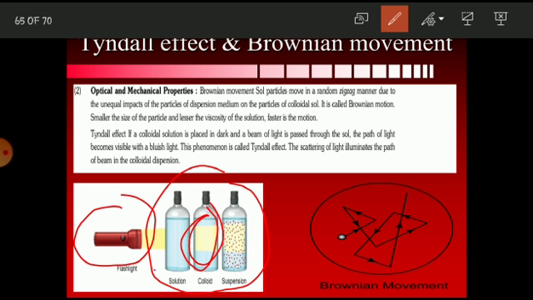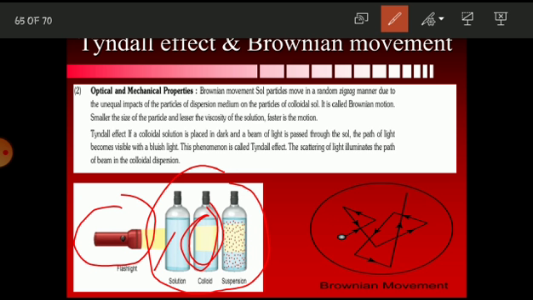But in the case of a true solution, we are not going to see the path of the light. The path of the light in a true solution is negligible, because very small particles are there and those particles cannot scatter the light. But a colloidal particle scatters the light, and this scattering of light by colloidal particles is called the Tyndall effect, and this property is an optical property.